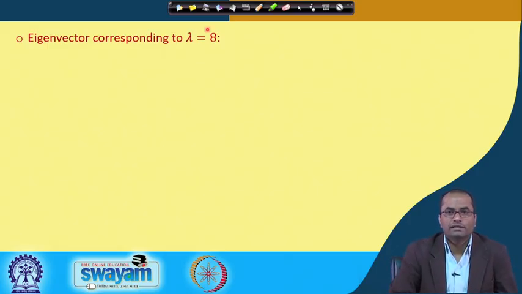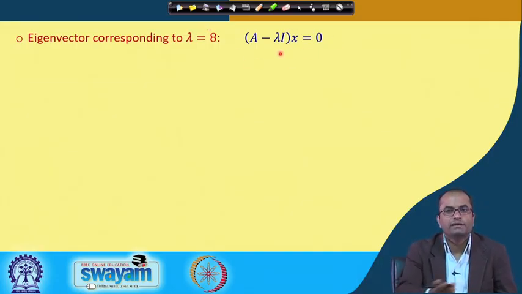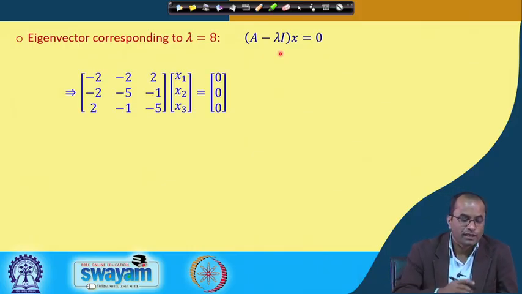We have A minus lambda I, and the determinant is equal to 0. So, we always have a non-trivial solution for the equation (A minus lambda I) x equal to 0. So, there will definitely be one linearly independent eigenvector, but there cannot be 2. This is what we will see in this case as well.